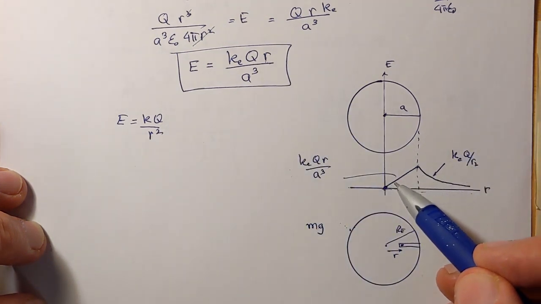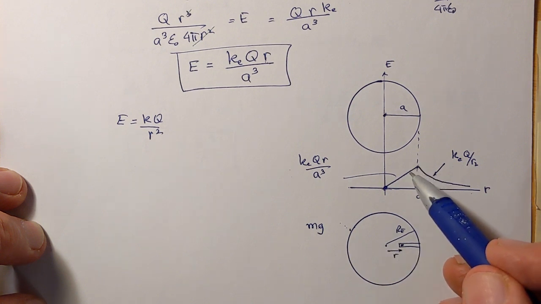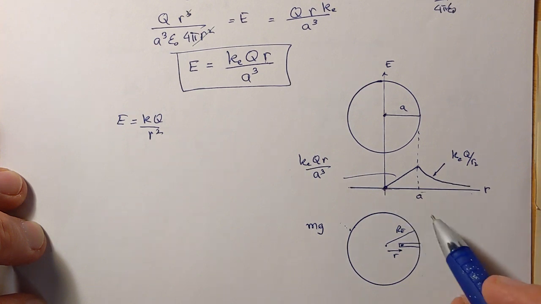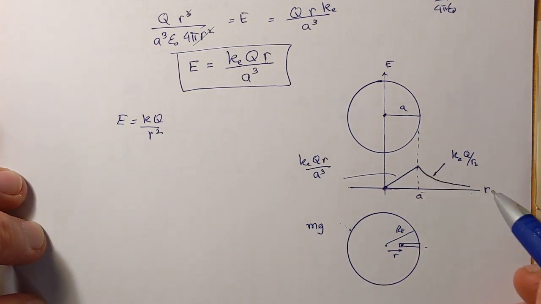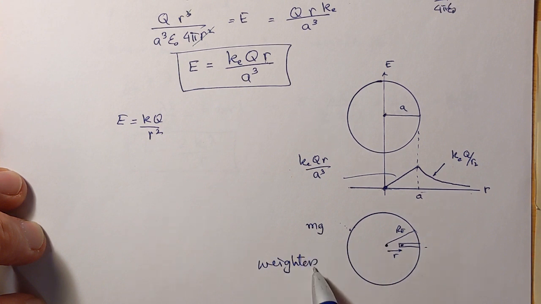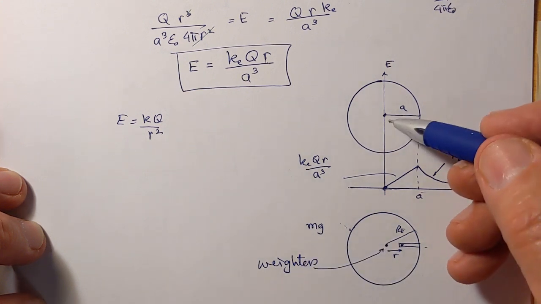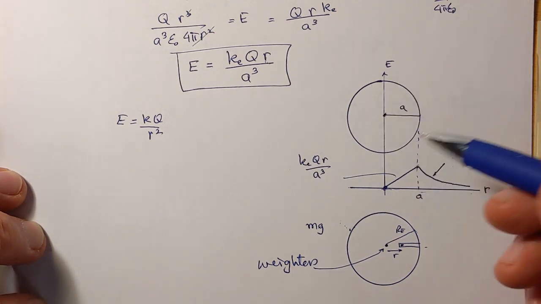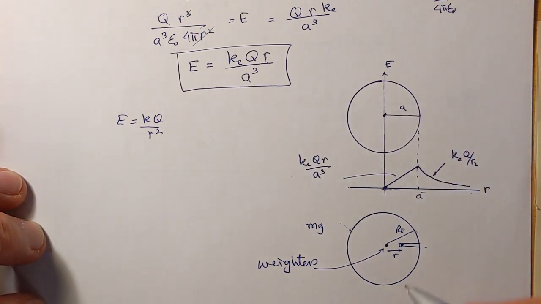So as we go into the Earth, our weight gets smaller because the force of gravity gets smaller, and as we go away from the Earth, again it gets smaller, and the value of g is the largest on the surface of the Earth. So when we reach right in the middle of the Earth, we would become weightless, just as the electric field becomes zero at the center of a uniformly charged sphere.